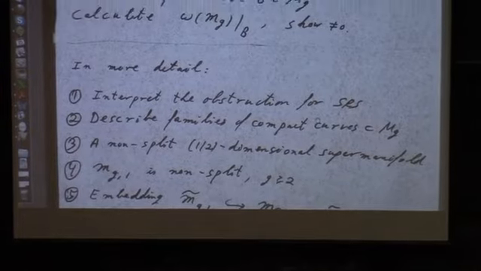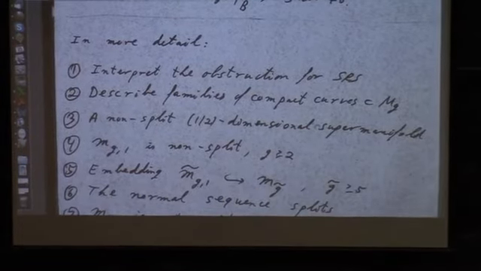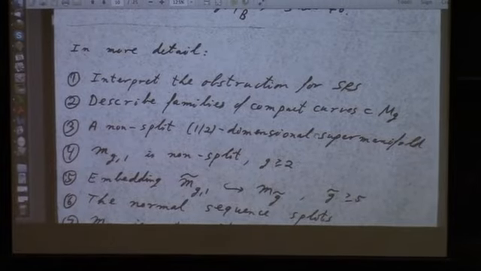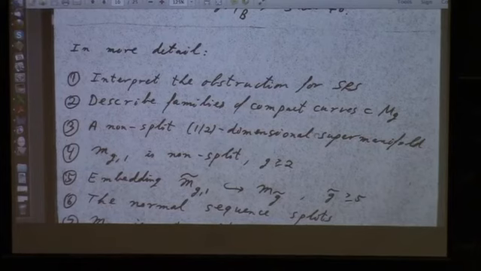So, the first thing that I'm going to do is show you a concrete interpretation of what the obstruction is for the moduli of super-Riemann surfaces. And we'll do that. Then we have to describe some families of compact Riemann surfaces in M_g. It turns out that it doesn't make sense to look just at one.